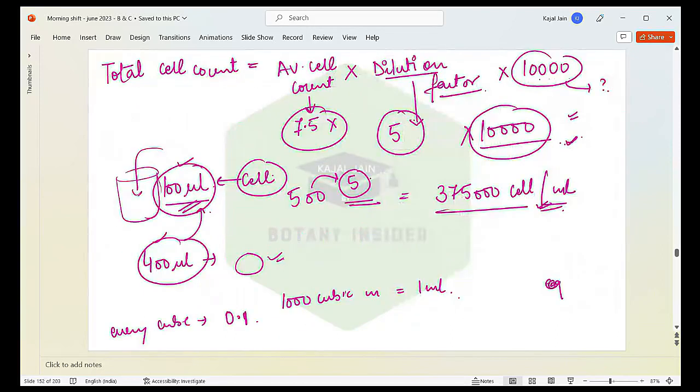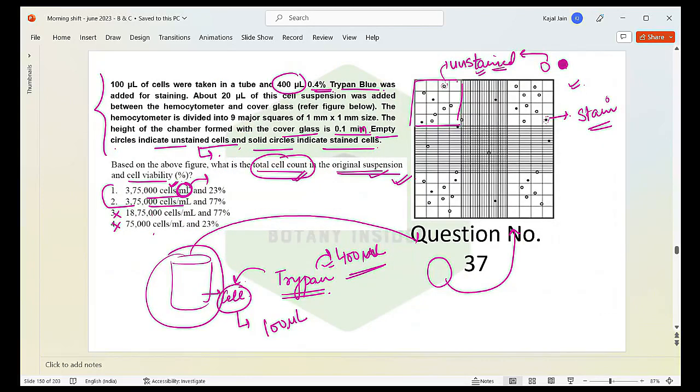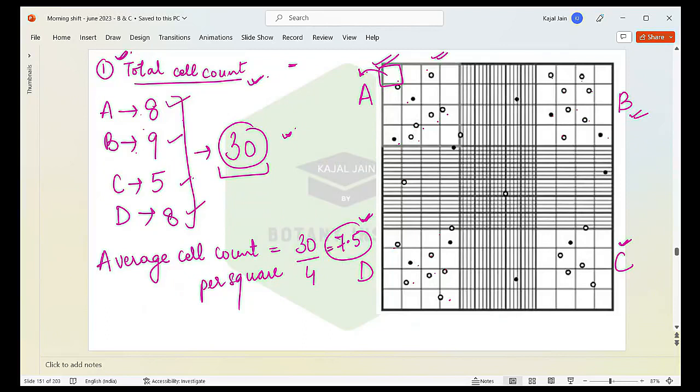Now coming to the entire explanation again: you're given this information and you need to find the total cell count. For that, first I added the cell count given in all four squares. Then I calculated the average. Because I had four squares, the total was 30.